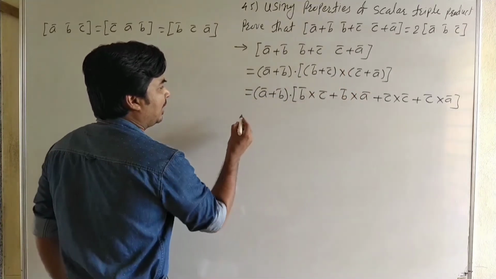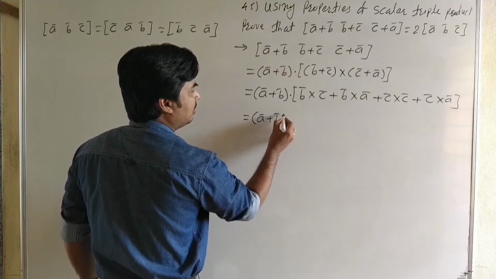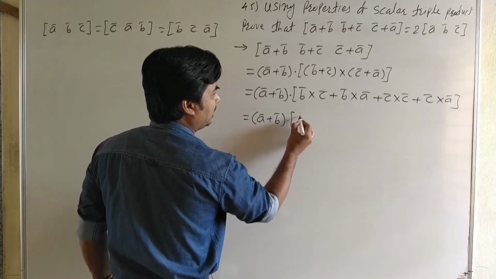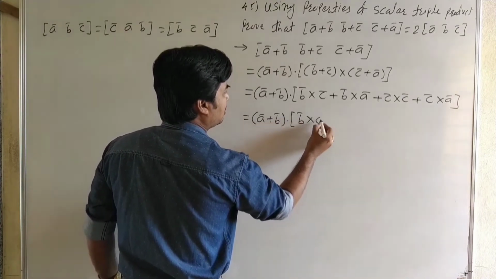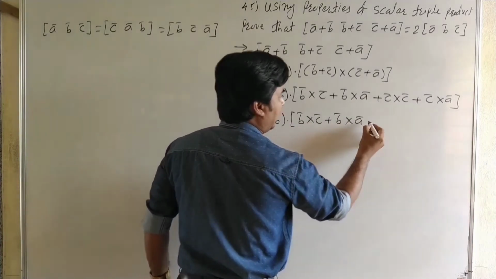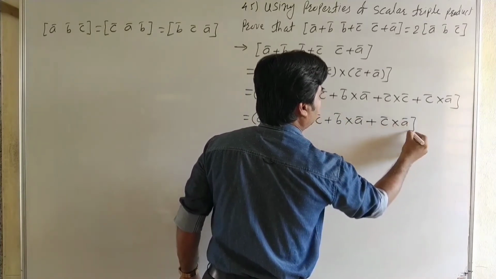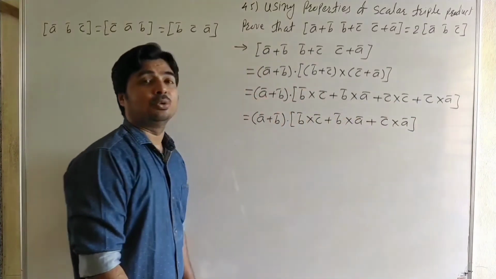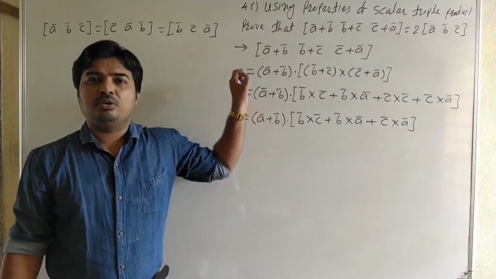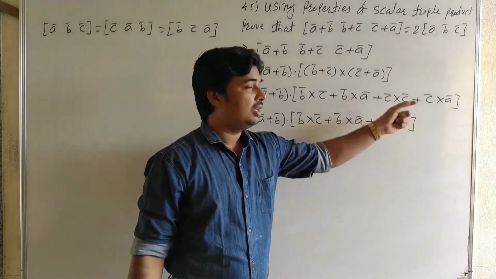Now by using the property of vector product, we can write b bar cross c bar plus b bar cross a bar plus c bar cross a bar. Here c bar cross c bar is 0. Here we use the property of vector product: if the vectors are the same, c bar cross c bar is 0.